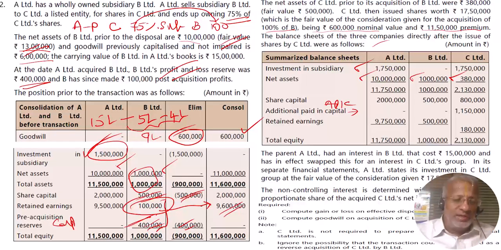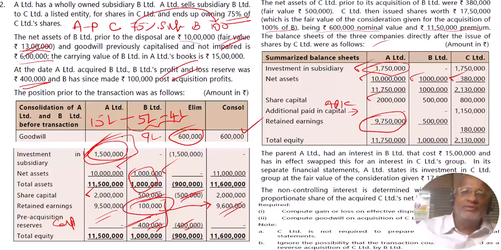The other share capital of 2 lakhs continues to be there, and this 97 lakhs and 50,000 has come as follows: 95 lakhs they have taken up. Please look into the investments, which was at 15 lakhs. Now it is at 17 lakhs and 50,000. So the other 2 lakh and 50,000 increase they have added to the retained earnings. Maybe a gain is what they would have taken up and taken to their retained earnings, which is nothing but your profit and loss account.